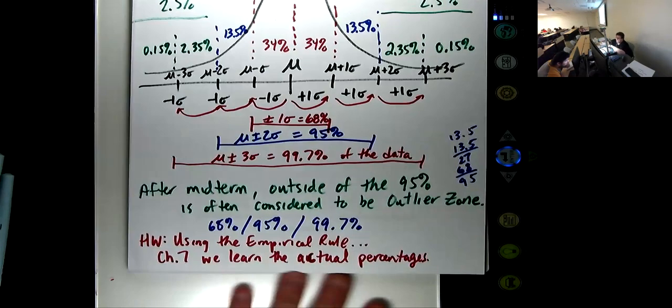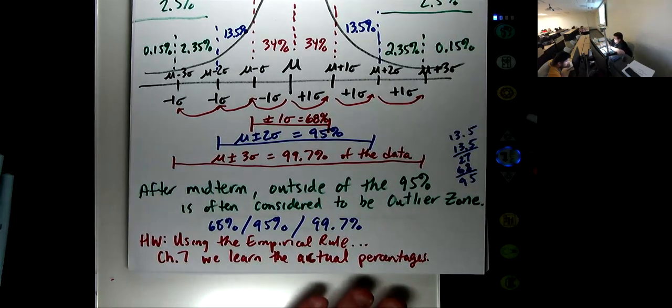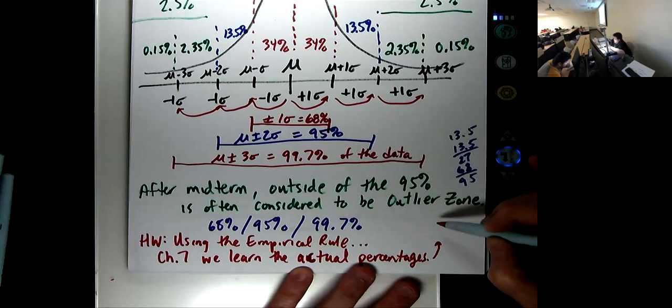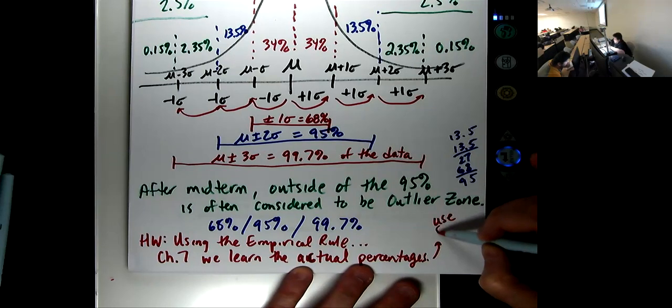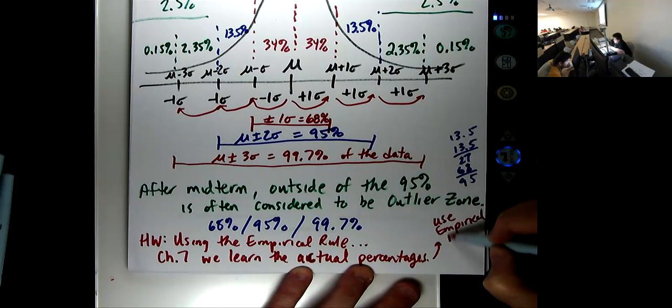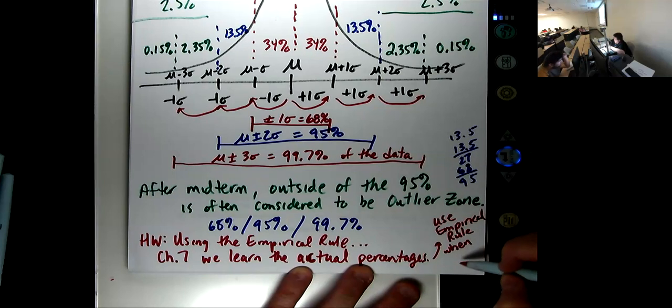In chapter 7, we use the actual percentages. So at that point, we use the empirical rule mostly as a rule of thumb. Usually when the deviations have no decimals.